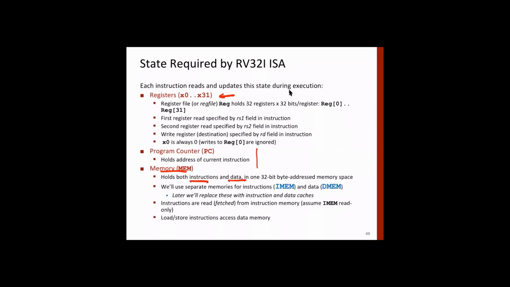It's a byte addressable memory, and we understand the concept of byte addressable memory. Here, because it is idealized memory, we assume that there are two memories: one is instruction memory and the other is data memory. We'll see why we need two memories.